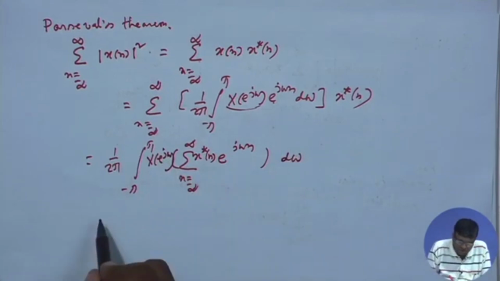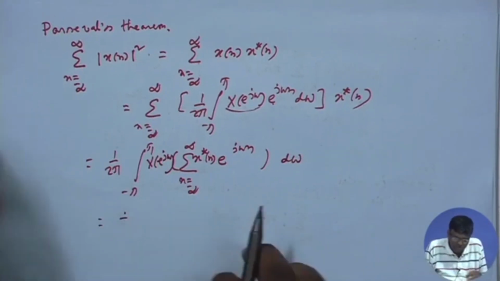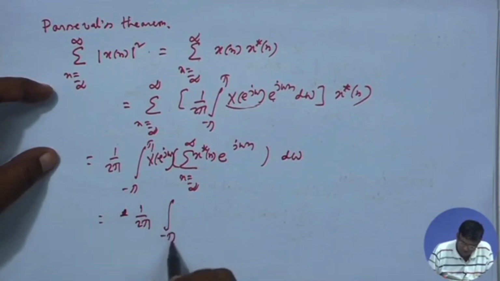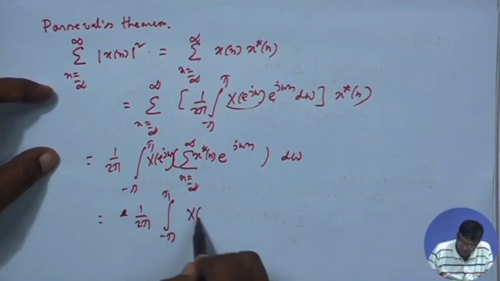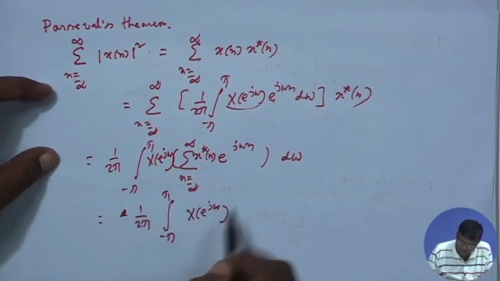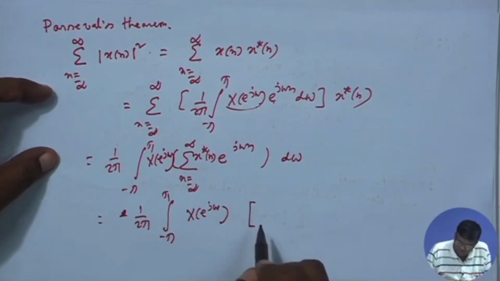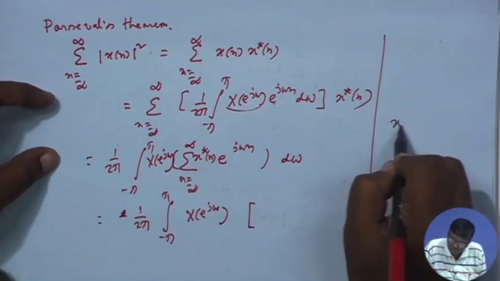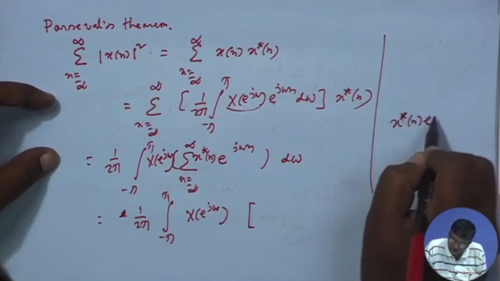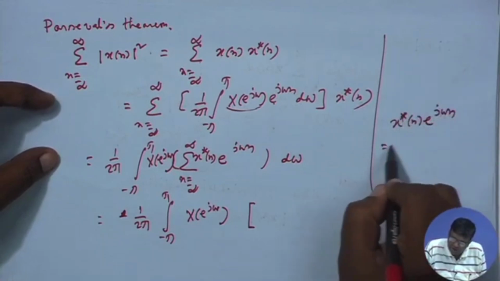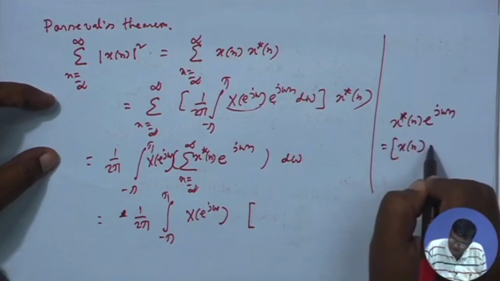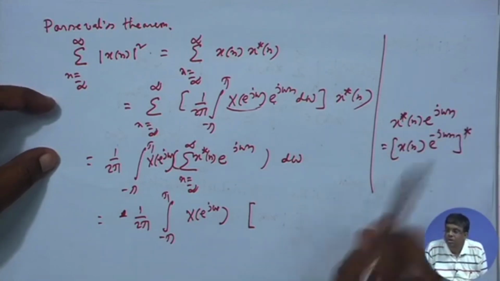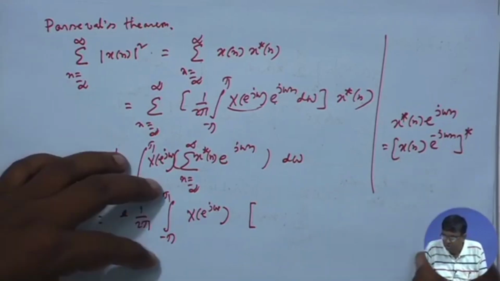Now, this summation, see x star n e to the power j omega n, you can write it as x n e to the power minus j omega n star. Conjugate of a product is product of conjugates.